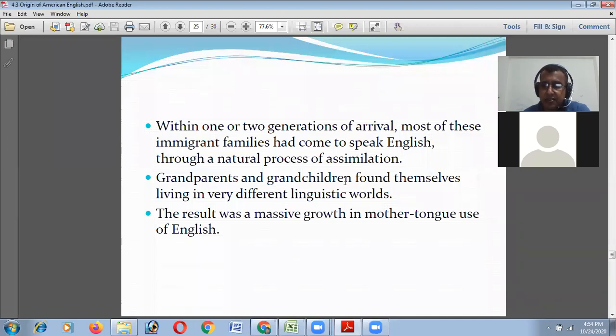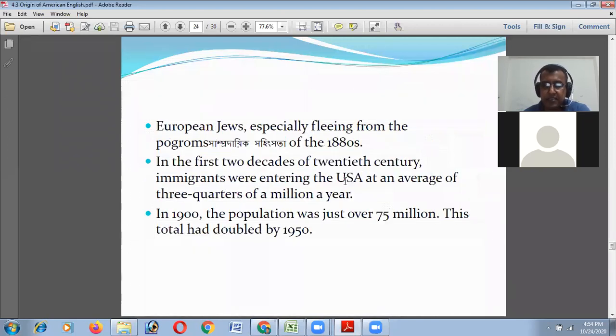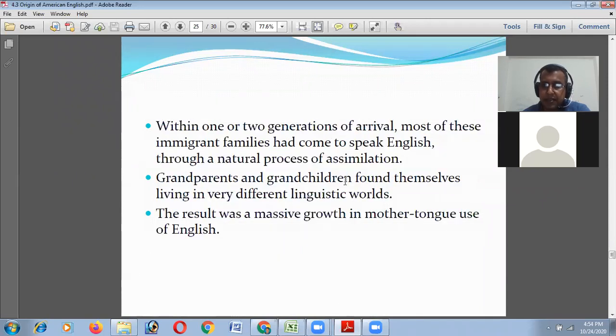So the concern here is the linguistic scenario. The first time immigrants go to America, and after the first generation, the second generation starts speaking English as their first language. The first generation immigrants carried their first language with them, be it German, Spanish, French, or Dutch.